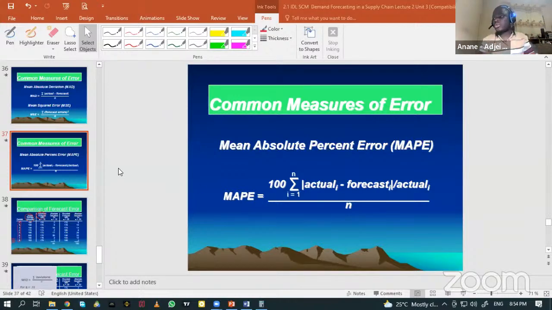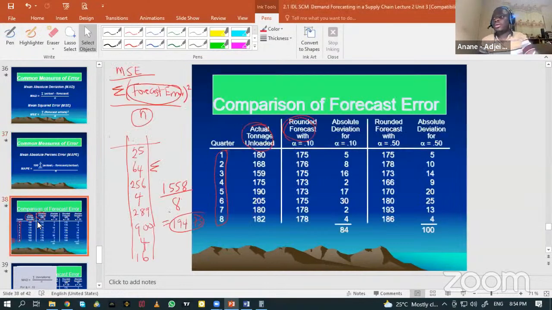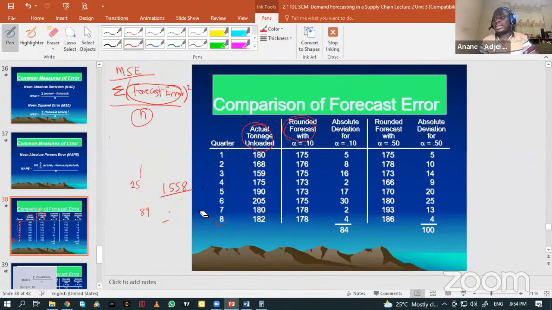So the last thing for today is the mean absolute percentage error. That is our last thing that we are doing for today.